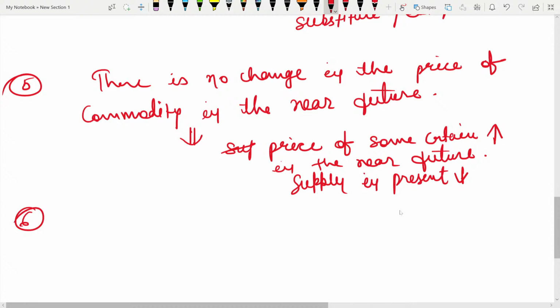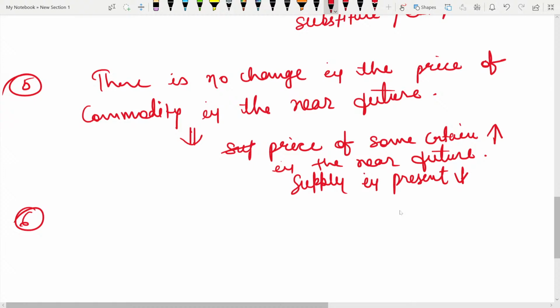Six, the government policy relating to price and production of the commodity does not change. What do we mean by government policy? We can say taxation and subsidy, both. If the government imposes a high tax rate on the production or on the commodity, due to the imposition of tax the price of goods goes up at the existing price.